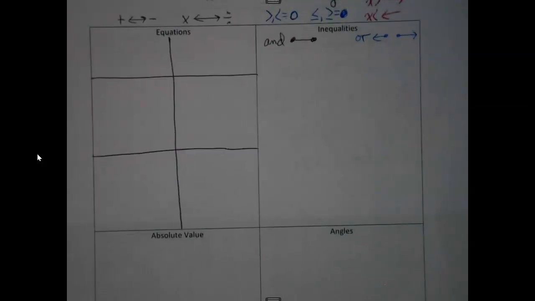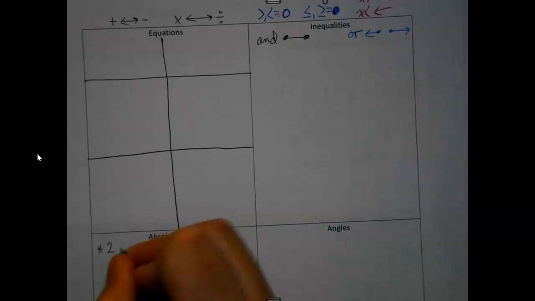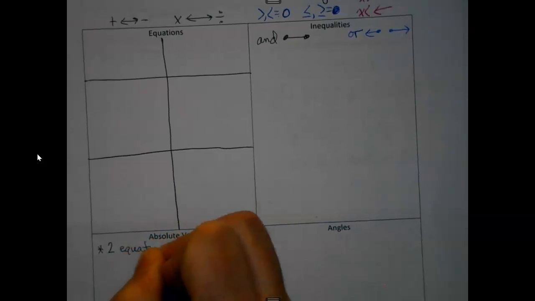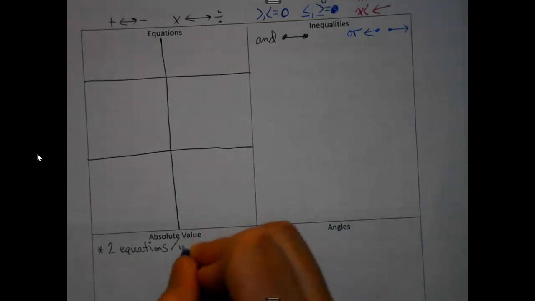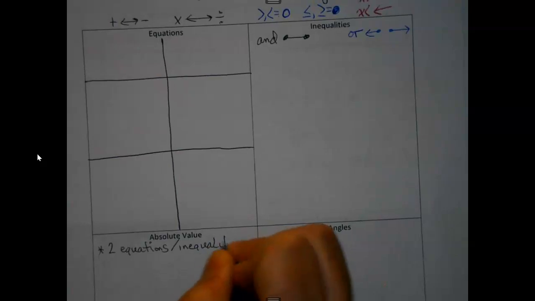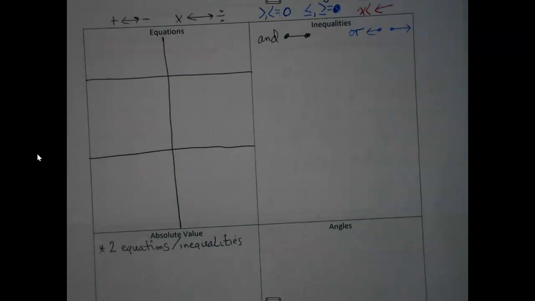So let me pop this up a little bit. I'd always say, I'm going to try and write kind of small to make sure there's always going to be two equations or inequalities.